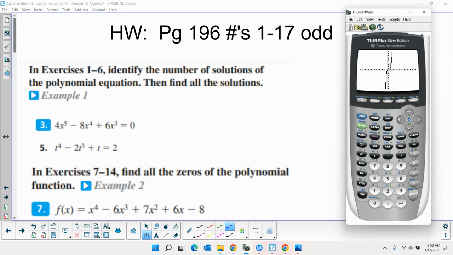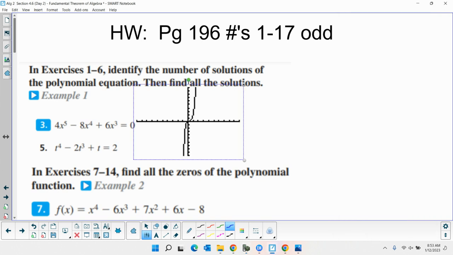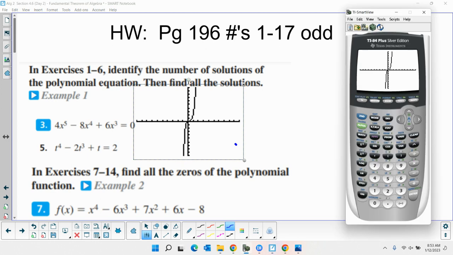Okay, so I'm going to do my box, like I showed you yesterday. Zoom box. And I'm going to make a box in that area just to see what's going on there at that 0. Putting a box around there.